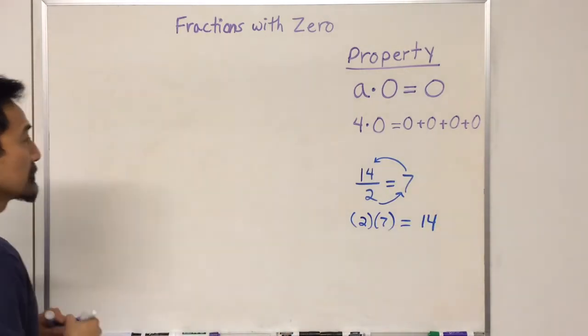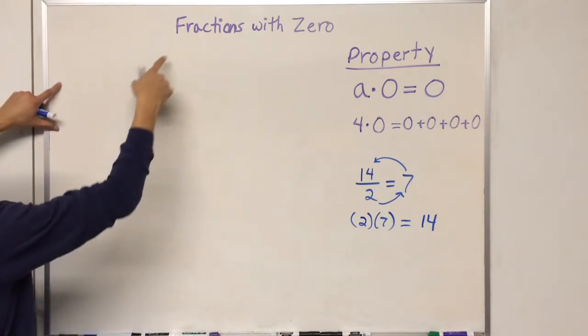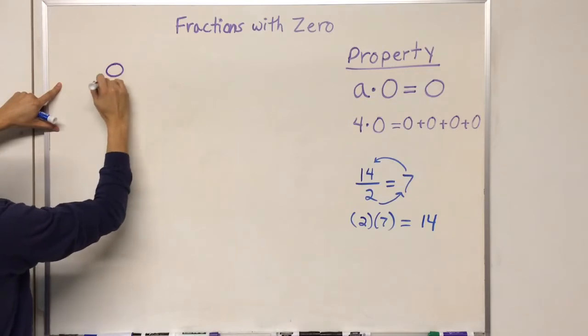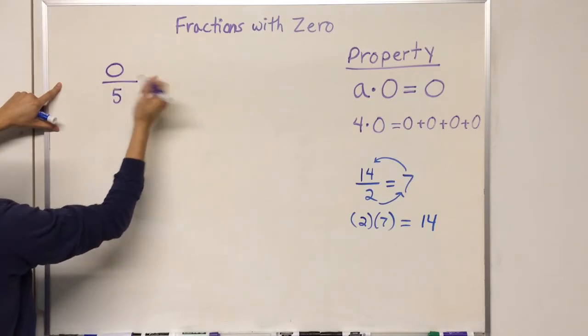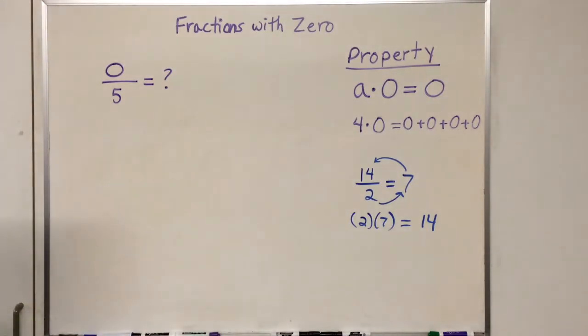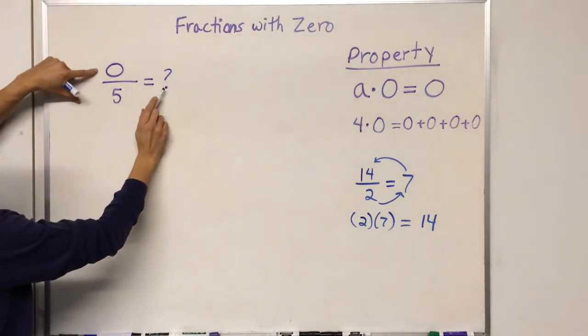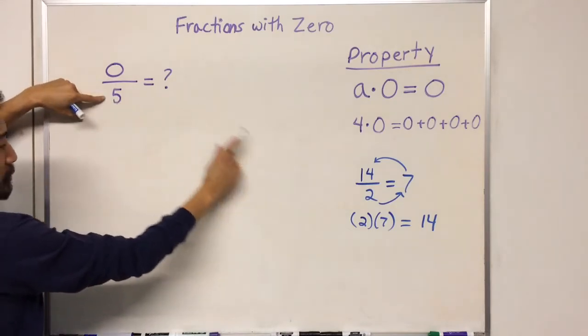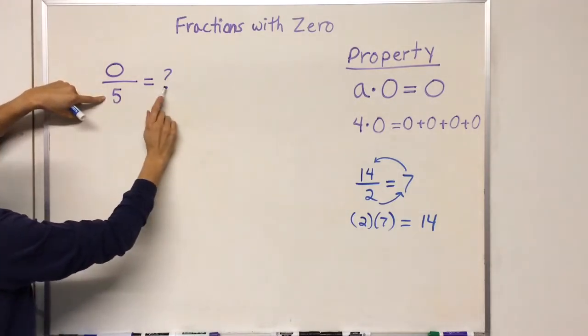All right. So let's go ahead and begin now discussing fractions with 0. So if I had 0 divided by 5, and I wanted to know what this would equal, then I know that this mystery number that I'm looking for, I could take this division problem and rewrite it as a multiplication problem that would involve this mystery number.